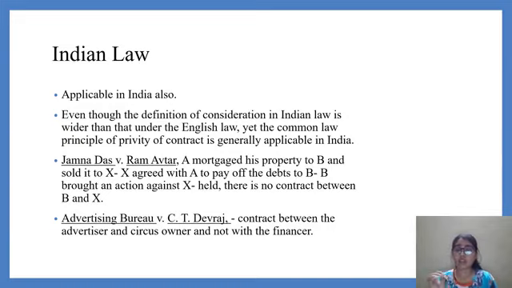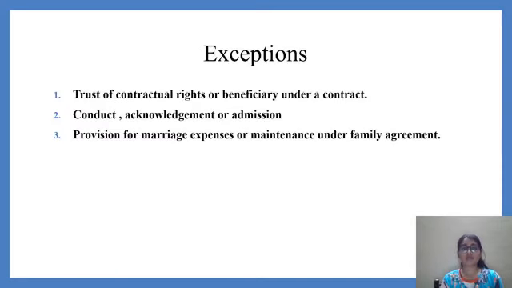Here the court held that the contract is between the circus owner and the advertiser and not between the advertiser and the financier, and hence the advertiser cannot sue the financier if there is a breach of contract. Hence, the doctrine of privity of contract is accepted under Indian law, but Indian law also gives scope for the concept of privity of consideration under the Indian Contract Act 1872.